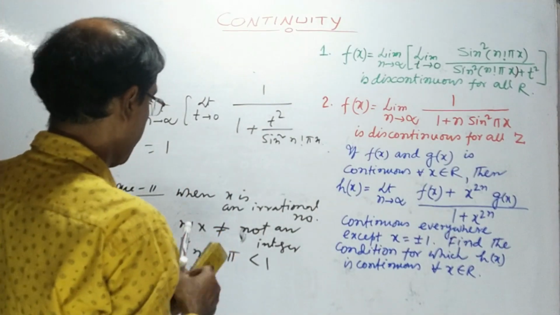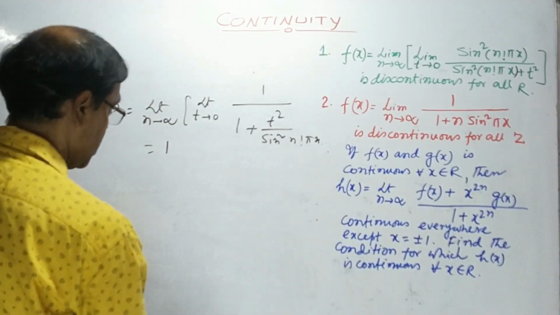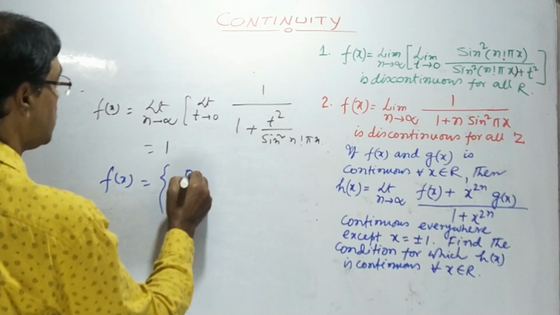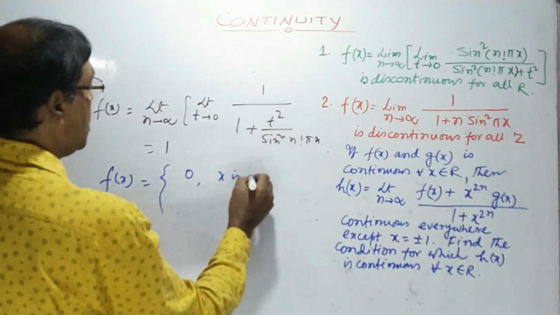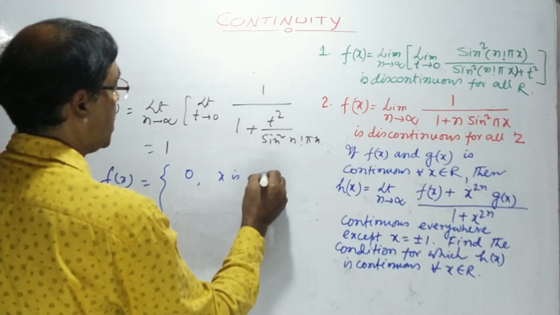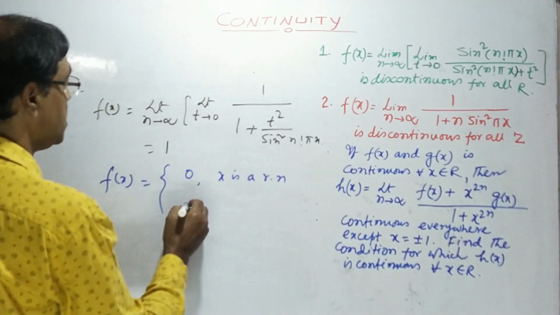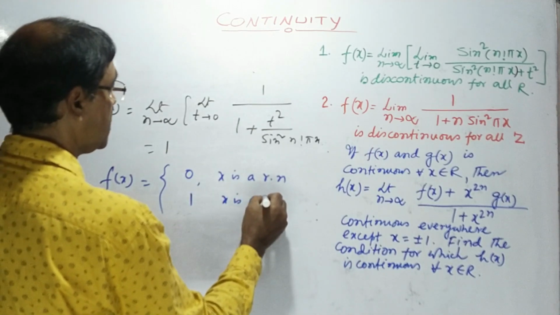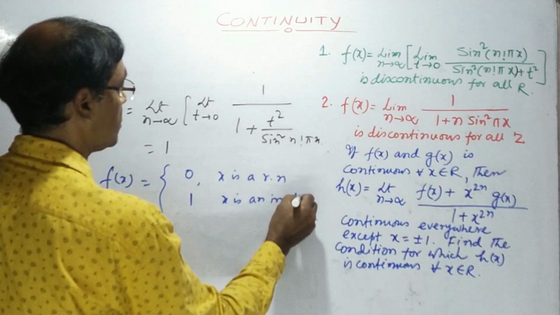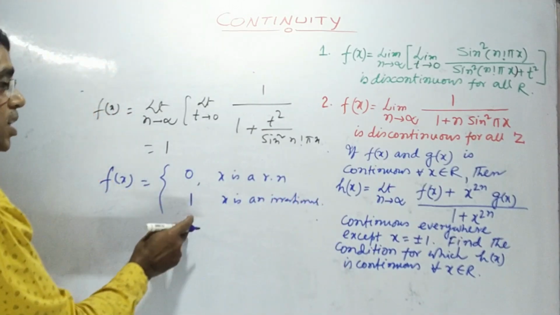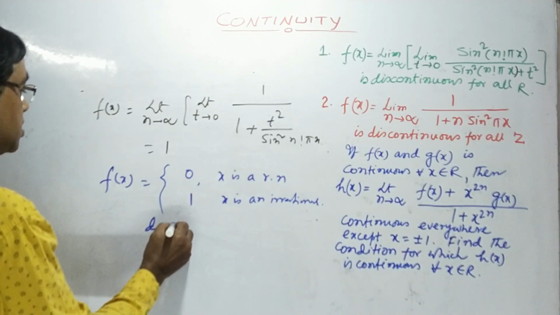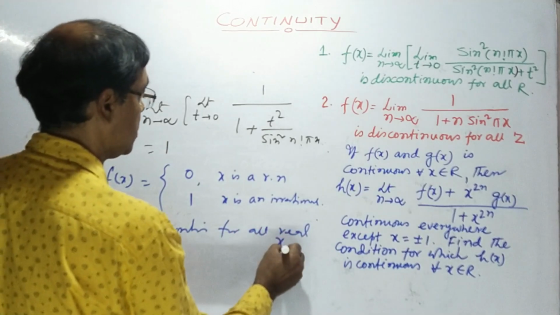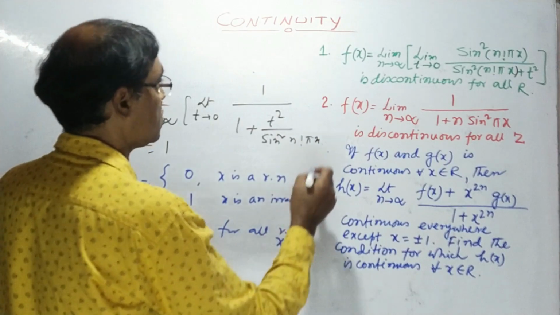So we get f(x) equals 0 when x is a rational number, and equal to 1 if x is an irrational number, which is discontinuous for all real x.